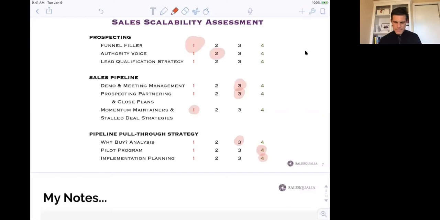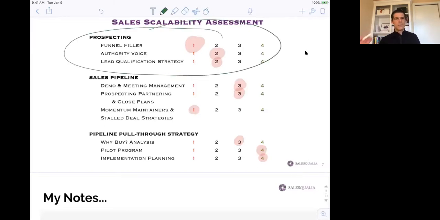If your sheet looks something like this, it tells us we're actually not so bad down in the pipeline, and not bad on the pull-through and the paying customer success. That part is pretty good, but where we struggle is getting the leads. Once we get the right leads, we can get them converted and make them happy. But the problem is we don't have enough leads. Well, that's a place you want to focus on.